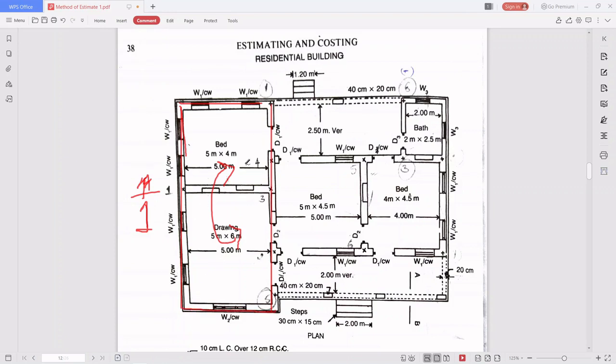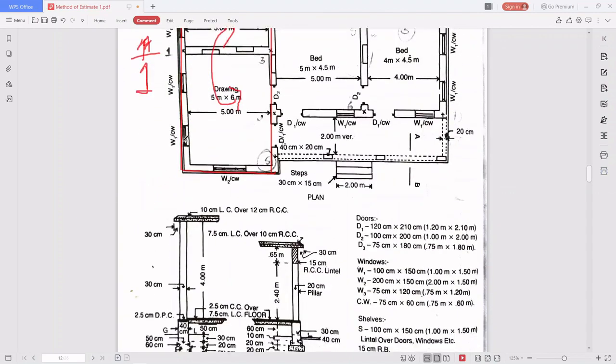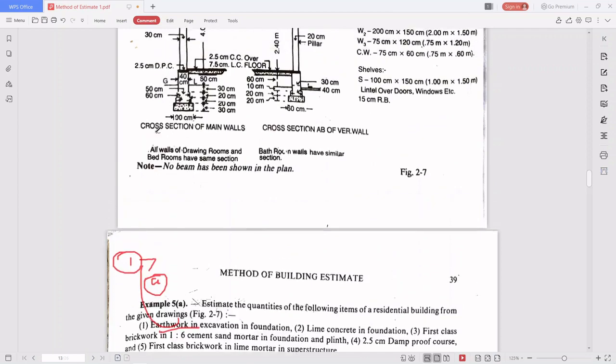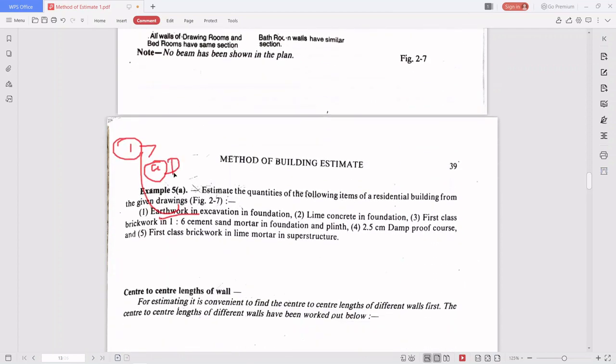So this is one unit. Whatever the heading, for example, earthwork in excavation in foundation, I will write it first. Then I'll write a, and drawing plus bedroom.